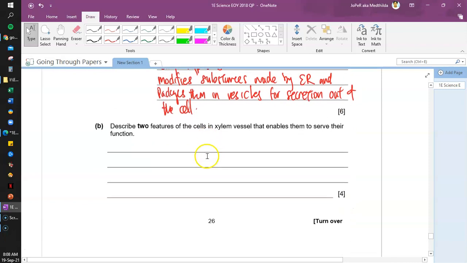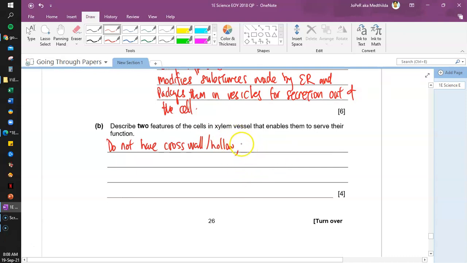Describe two features in a xylem vessel that enable them to serve their function. So, what two features can you name? I think the first one is that they do not have cross walls, or you can say that they are hollow. Now, how does this help them serve their function?